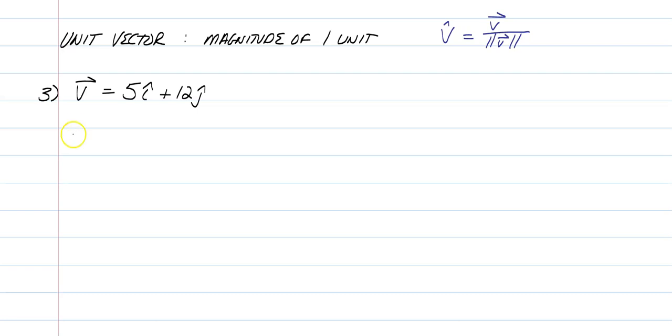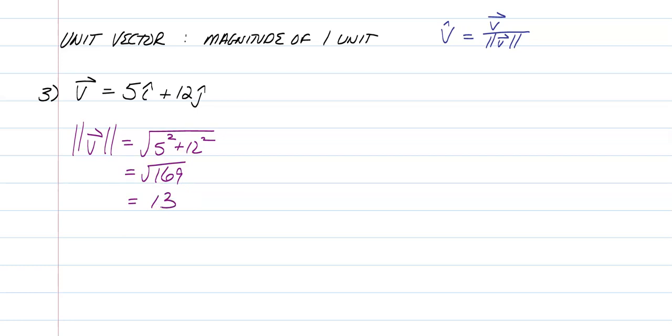To do that, in this example, the magnitude of vector v is equal to, and you just do the square root of 5 squared plus 12 squared, and that's going to give you the square root of 169, which of course we know is 13. So now the unit vector is just this divided by your magnitude of 13.